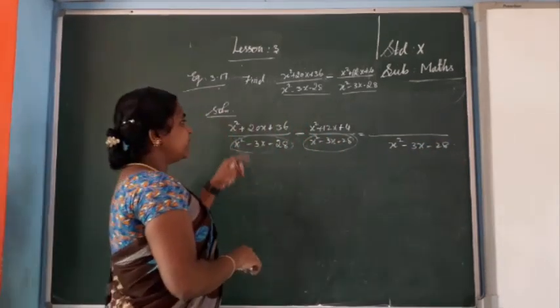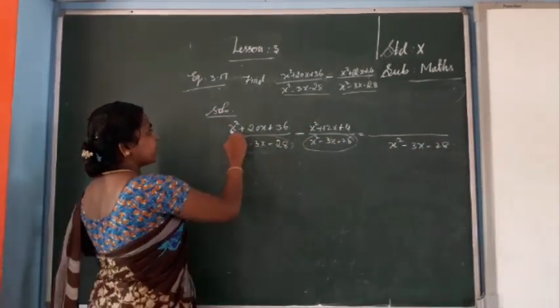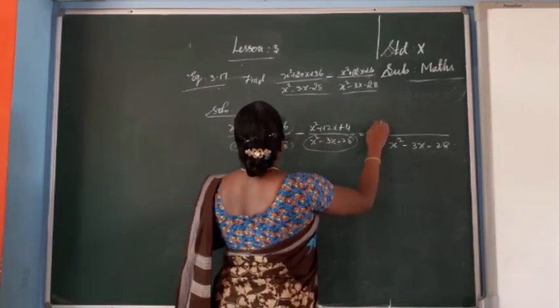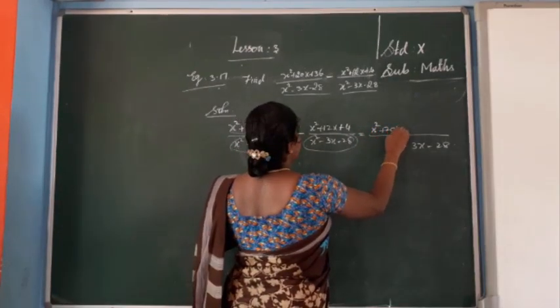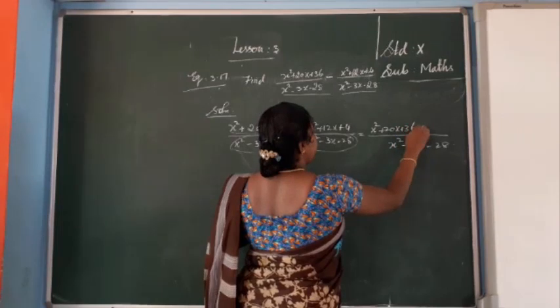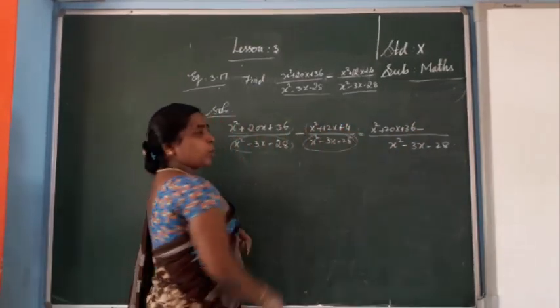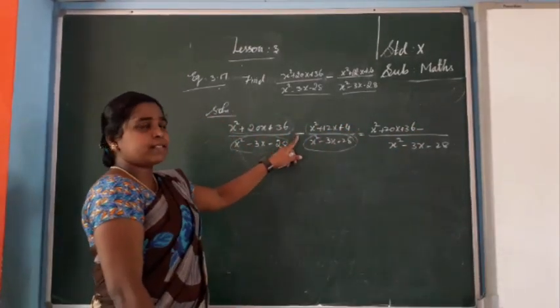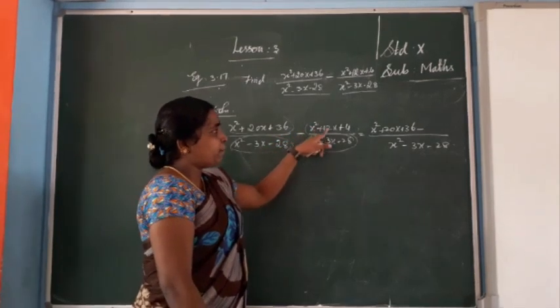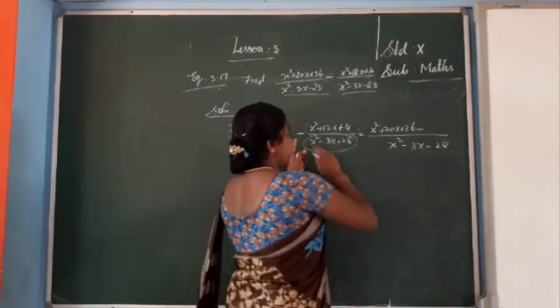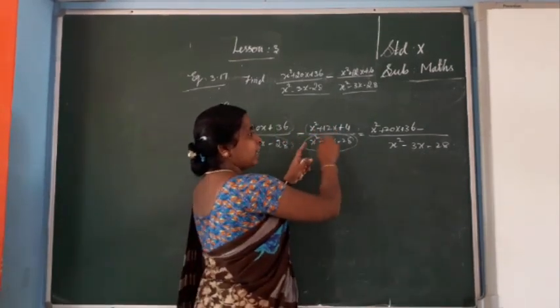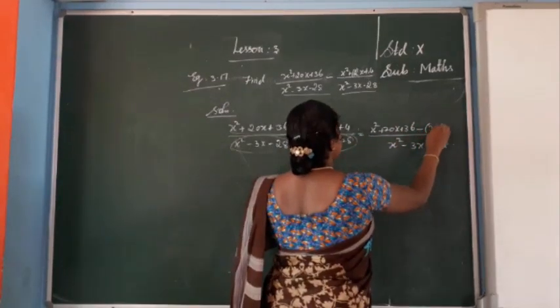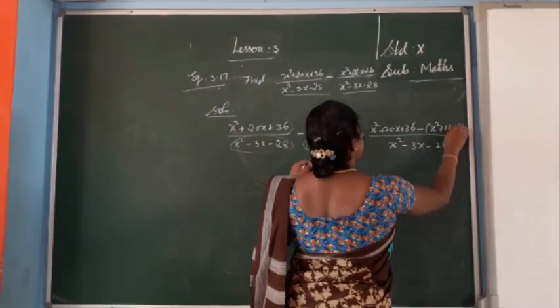In the numerator, you write x square plus 20x plus 36 minus, and you write the second part in brackets, because the minus is common for all three terms. You can't multiply by minus directly, so write minus x square plus 12x plus 4.